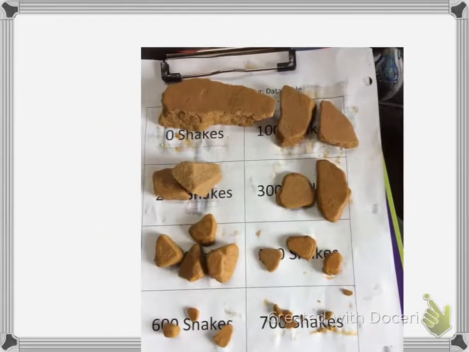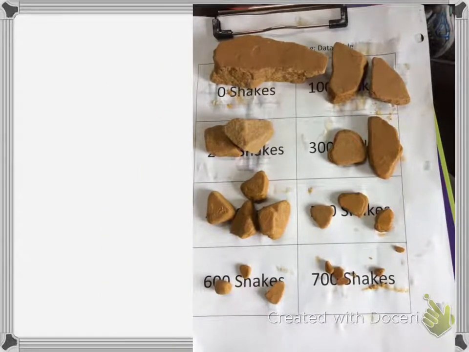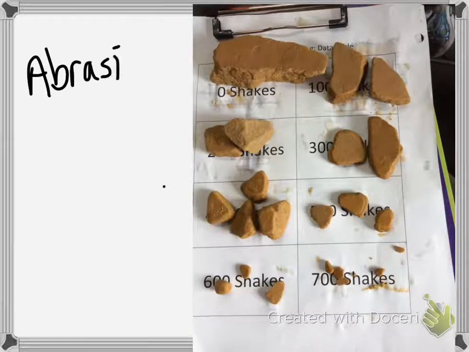Alright, one more point about weathering. I just want you to remember that from our experiment in class with sandstone, we showed abrasion, right?